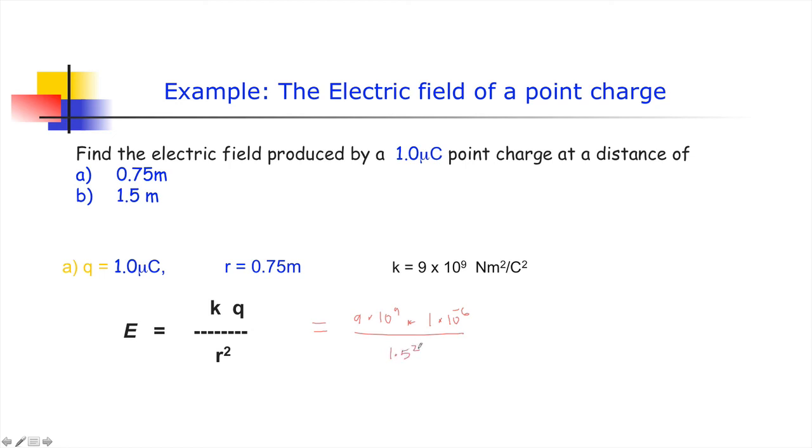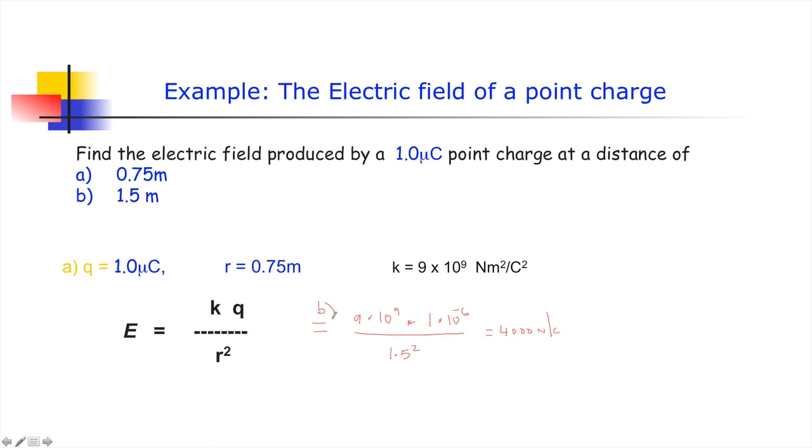Again, I'm going to help here. Then the answer is 4,000 Newton per Coulomb. Keep in mind this is for point B.